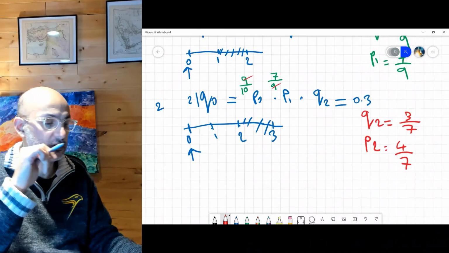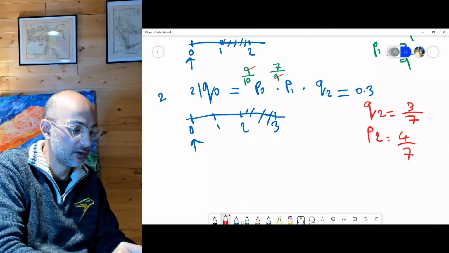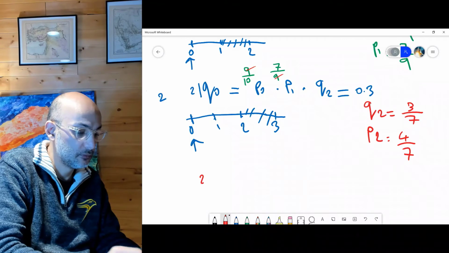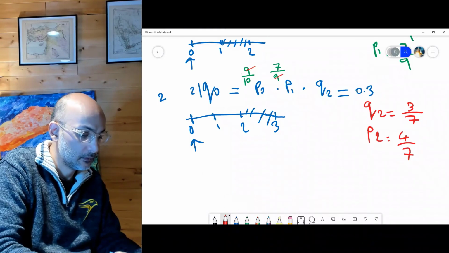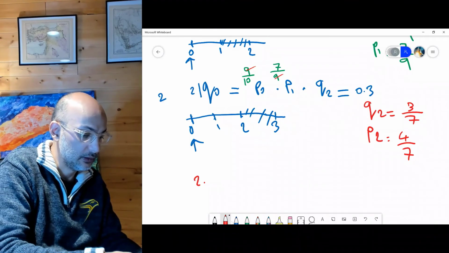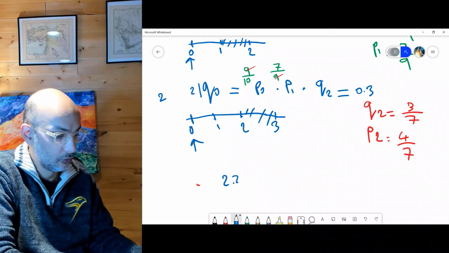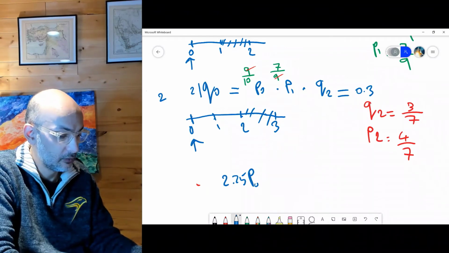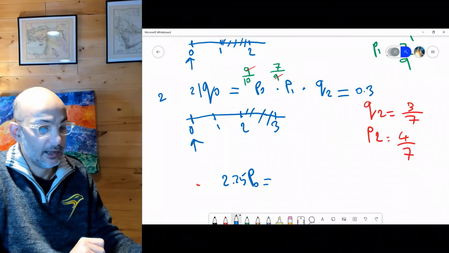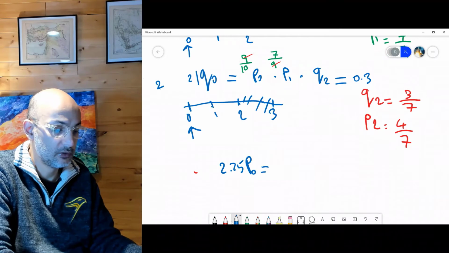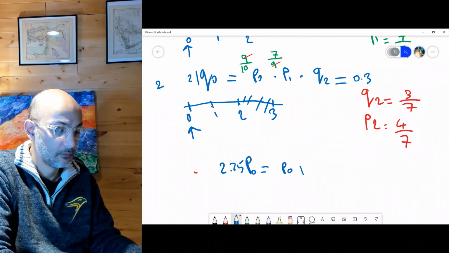Right. So now let's go back to what the question asks us. The question asks us to find 2.25 p0. I need to change the color. What we said is that this 2.25 we can write as P0, P1, right?